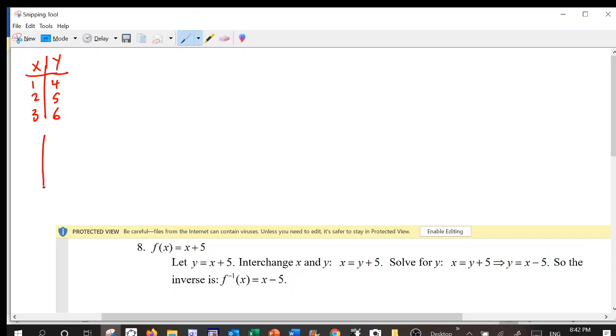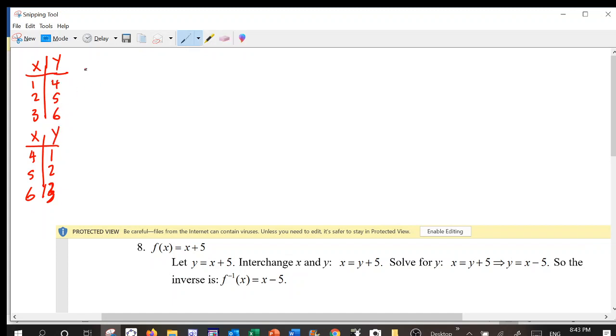Now, if you switch x and y, but still name the first one x and the second number y, but use these numbers for x and use these numbers for y, this is the inverse of that relationship. So here 1 goes to 4, 2 goes to 5, 3 goes to 6. Here 4 goes back to 1, 5 goes back to 2, and 6 goes to 3. So these are inverse relations.